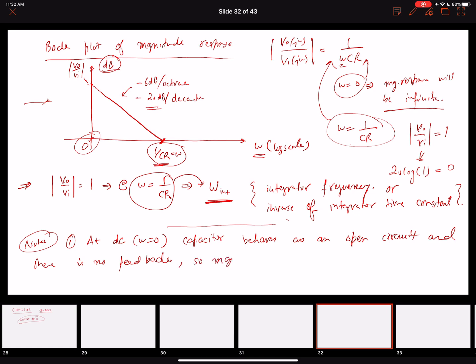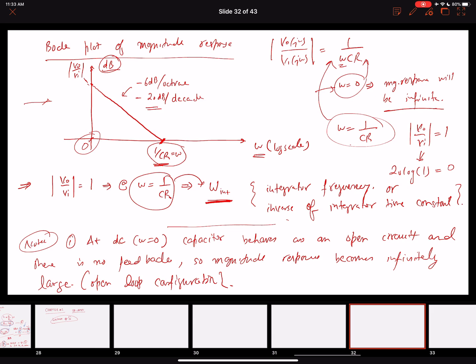So the magnitude response becomes infinitely large, like an open loop configuration. Right, so this is a concept that we discussed. When omega becomes 0, our magnitude response becomes infinitely large.